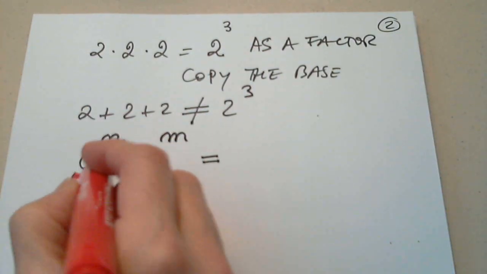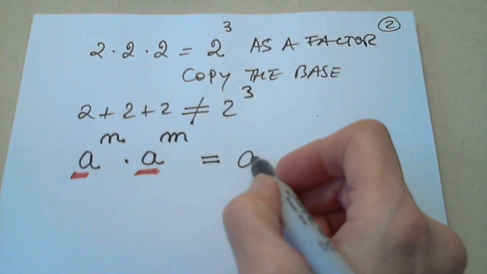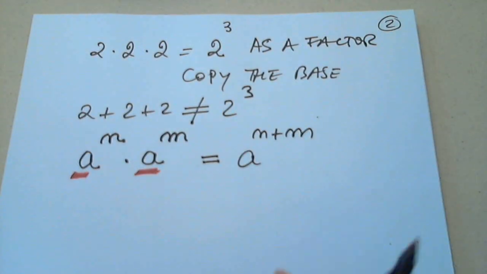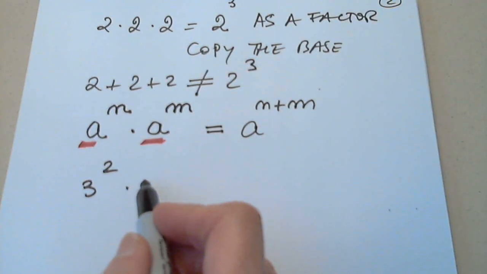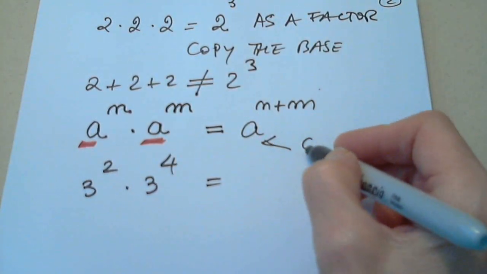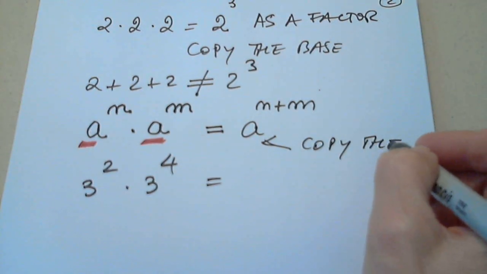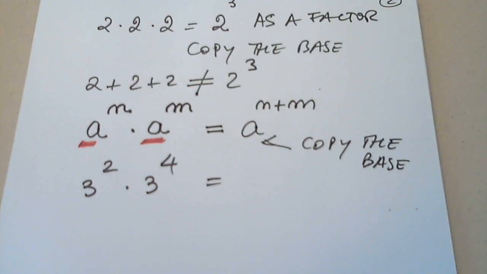So this must be the same as this. And they are. So I copy the base and add the exponents: n plus m. A simple example, 3 to the second times 3 to the fourth. What will that be? And remember, we copy the base. Nothing happens to the base. We don't touch it, we don't add it, we don't multiply it, we don't anything. So, can anyone give us the answer here?